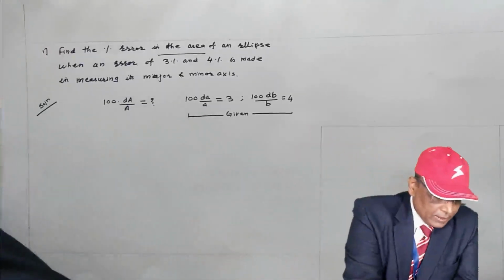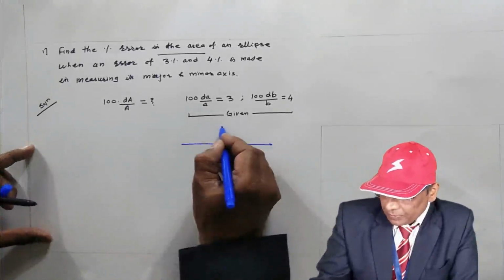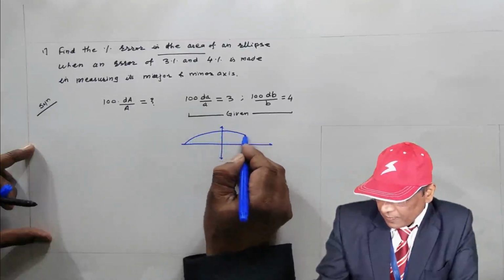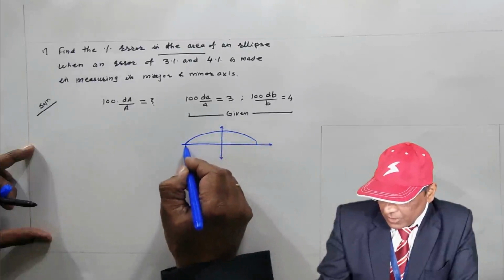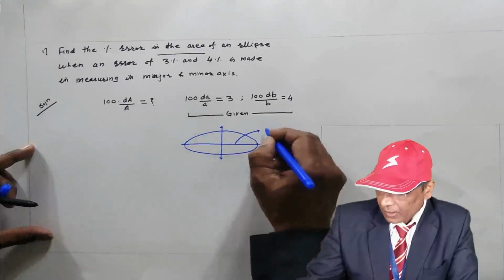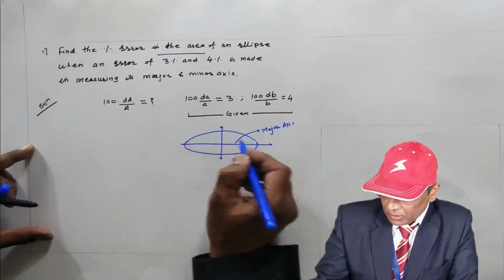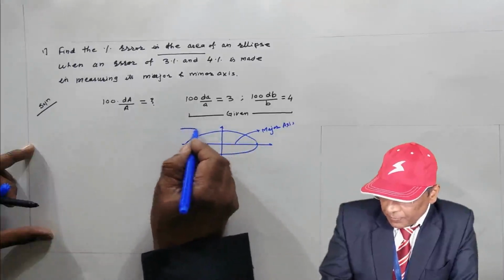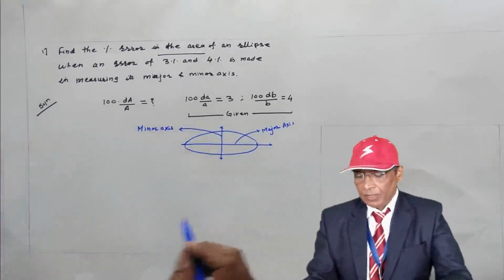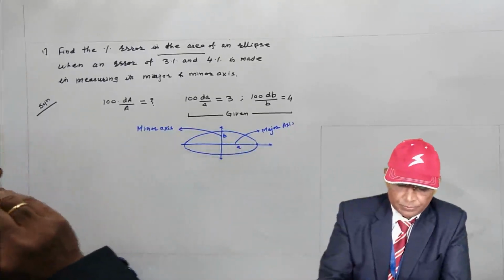Now, this ellipse I am drawing. As everybody is aware, this is the major axis and this one is the minor axis. Now this is a, this is b.